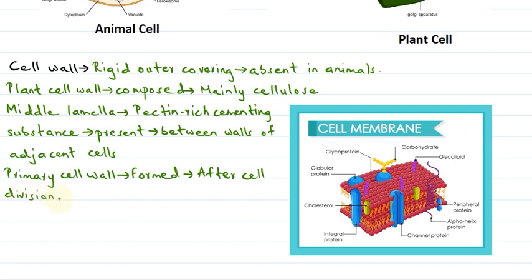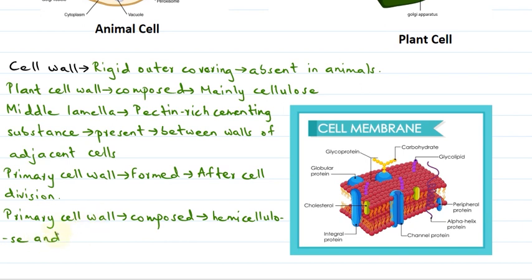This primary cell wall is composed of hemicellulose and contains a loose network of cellulose microfibrils. This is what the primary cell wall is made up of.